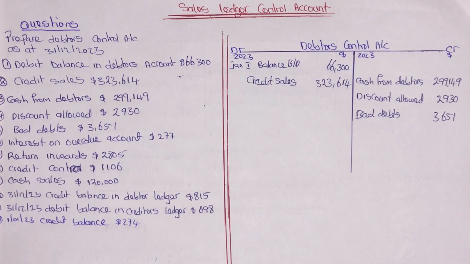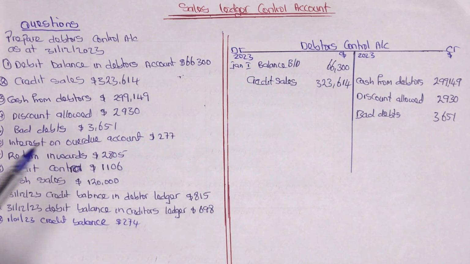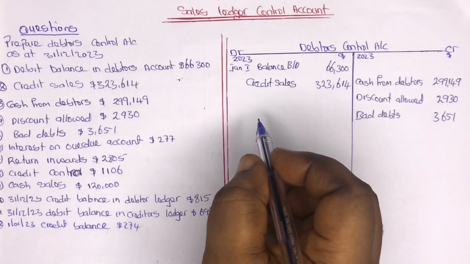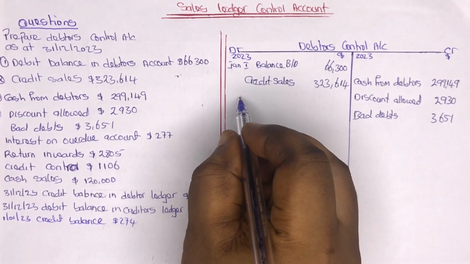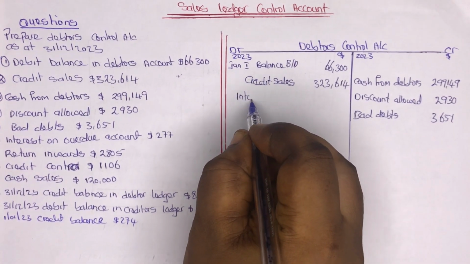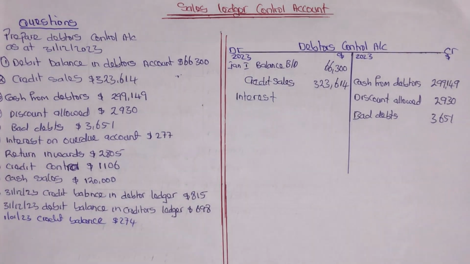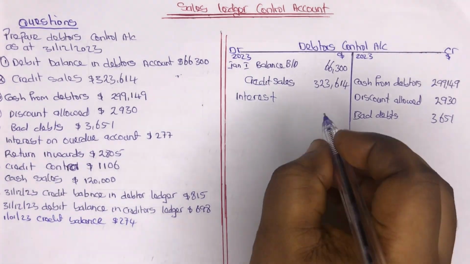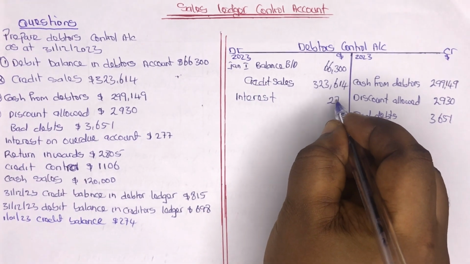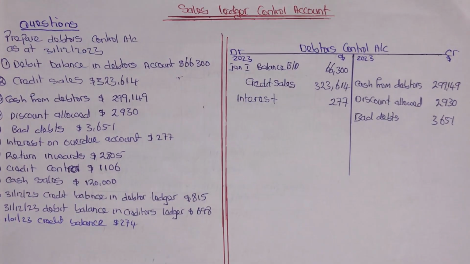We also have interest on overdue account. Put here interest, and the amount is $277.